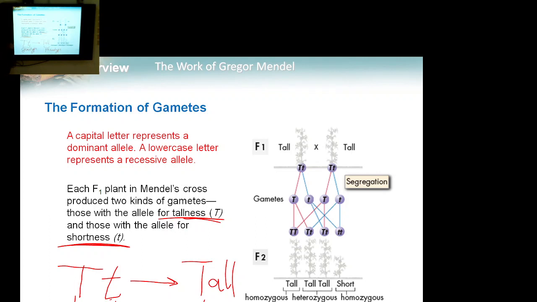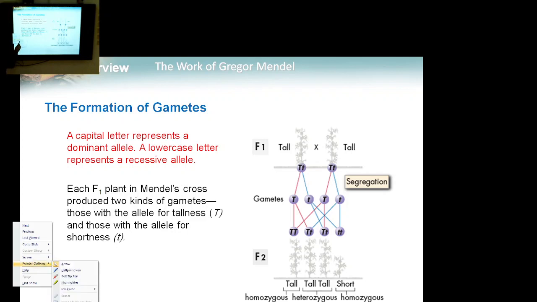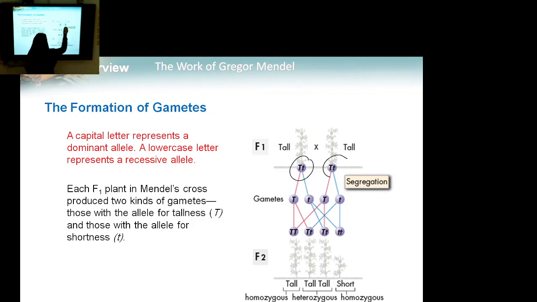So we need to understand how the segregation and the mating happen. Okay? Inshallah, we will do it right now. So again, guys, we will study how the F1 will segregate if we cross this one with this one.